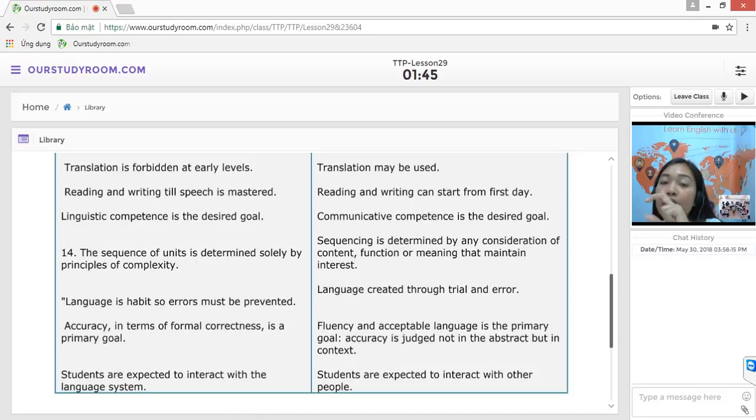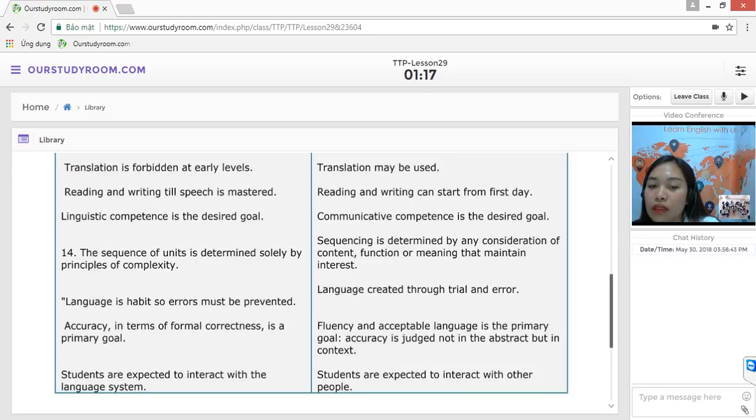So in audiolingual, accuracy in terms of formal correctness is the primary goal. While in communicative, fluency and acceptable language is the primary goal. Okay, the fluency of the language, while in the audiolingual, accuracy. Okay, next, teacher John.